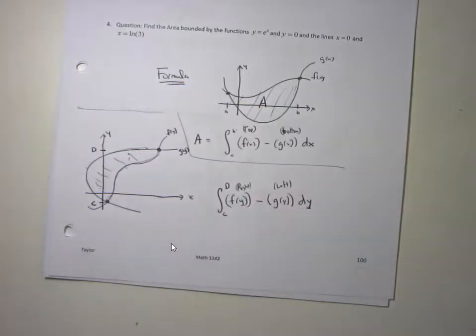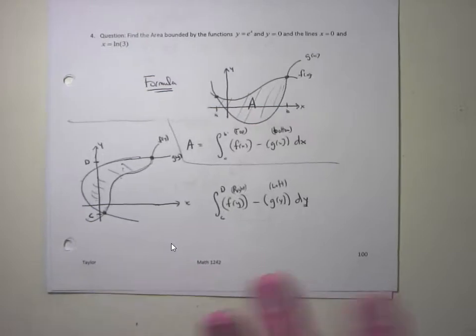So, in simple terms, it's top minus bottom dx, right minus left dy. That's what I'm after. And you have to pay attention to this stuff, because the way you orient your region is really going to determine whether you have to do a lot of work or just a little bit of work. So there's a pattern to this stuff.